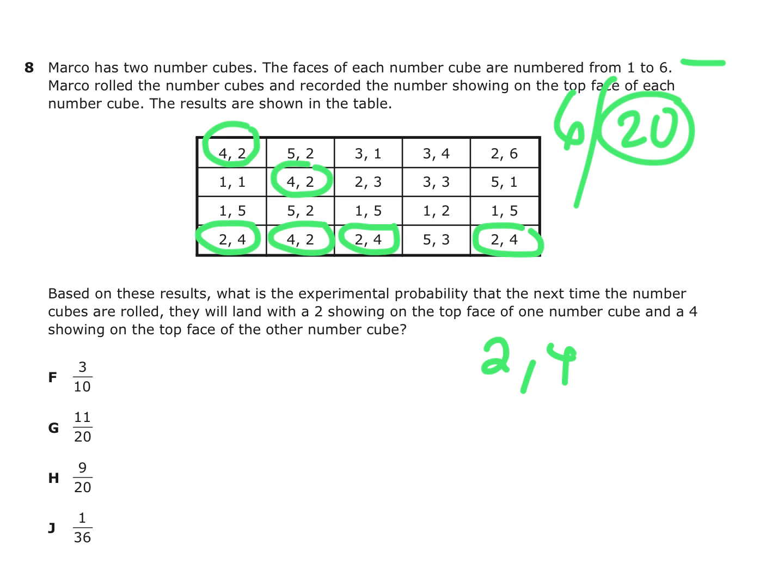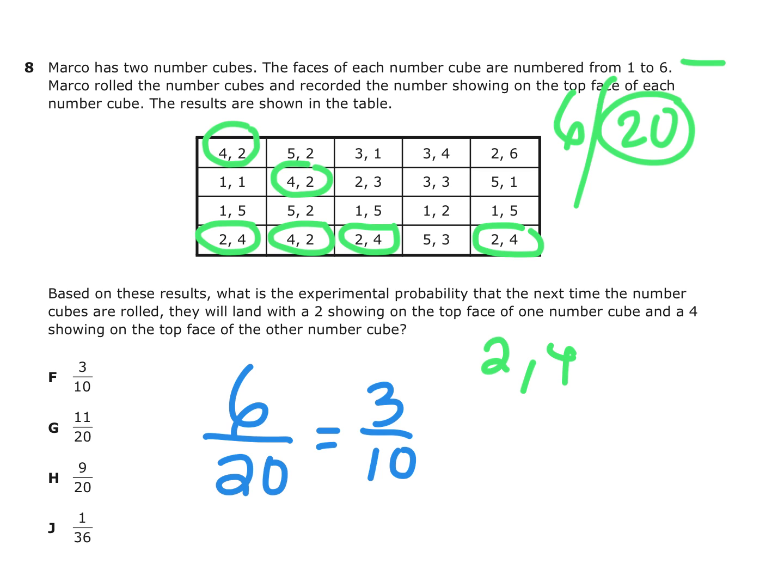So for this one, if you have 6 out of the total 20, we need to find what is the probability. Well, can we reduce that? 6 out of 20, if you reduce by 2, 2 goes into 6 3 times, and 2 goes into 20 10 times.